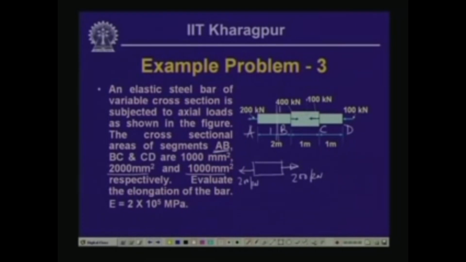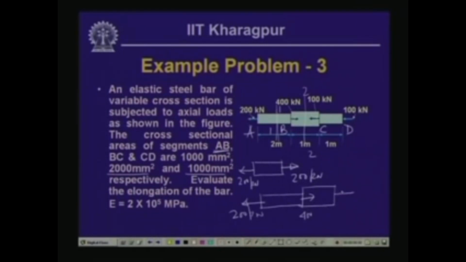If we take a section here, section 2, and if we take the free body part of it, then here we have a force 200 kilonewton, and here we have a force which is 400 kilonewton acting in the other direction. So, the resulting force we have is 200 kilonewton acting in the opposite direction.